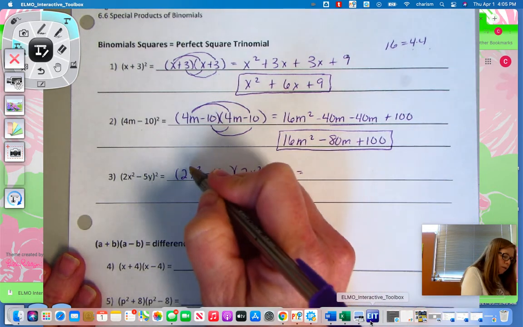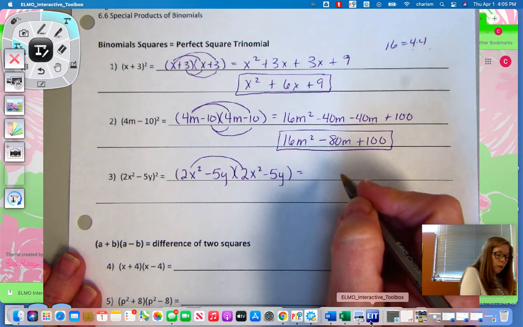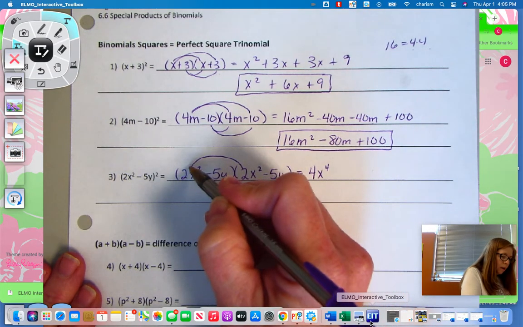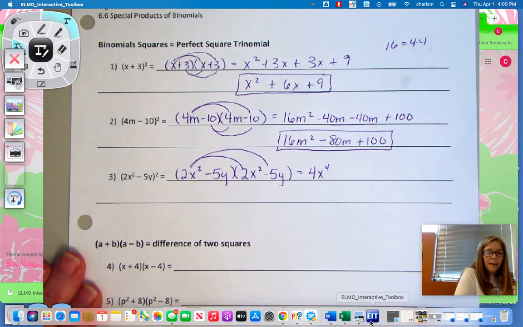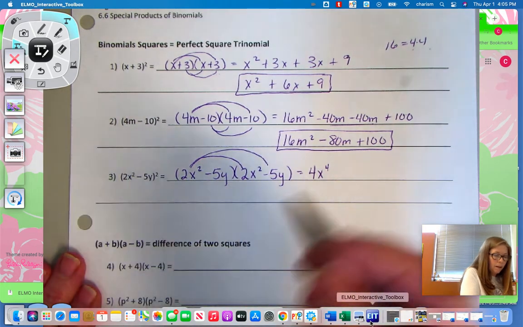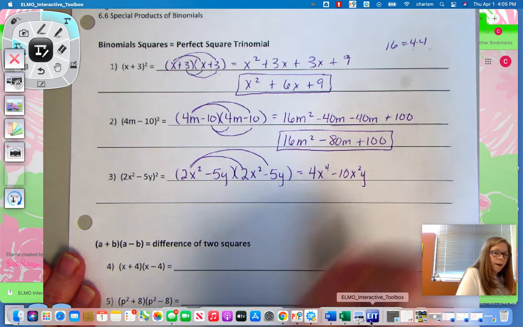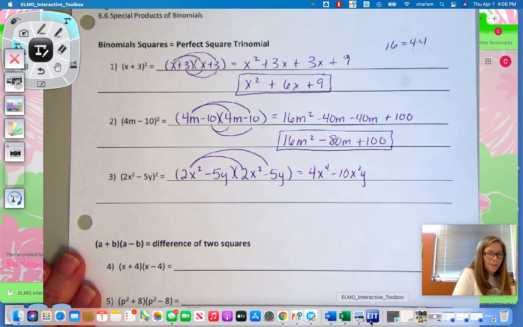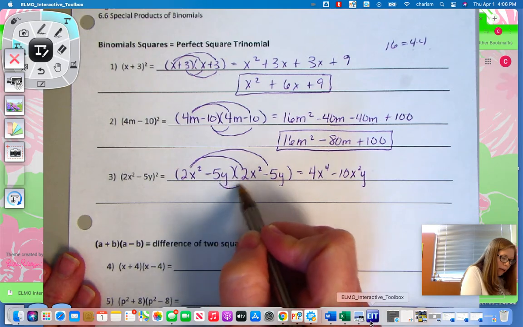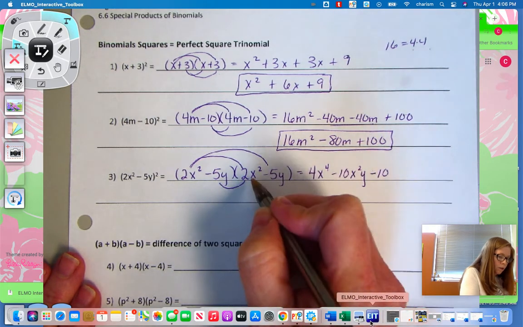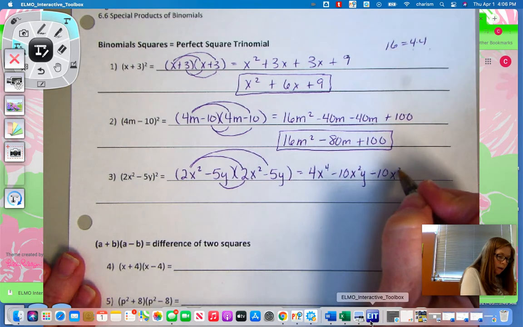So we've got 2x squared times 2x squared is 4x to the 4th. 2x squared times a negative 5y. So 2 times the negative 5 is your negative 10. And then it's x squared y. Did you get that one? And then same thing in the middle, right? A negative 5 times a 2 is a negative 10. And it's your x squared and y.